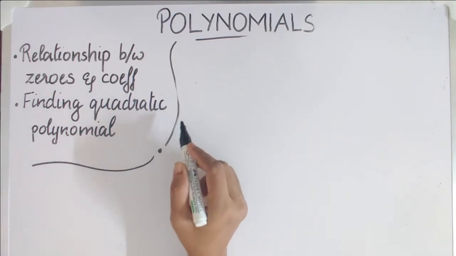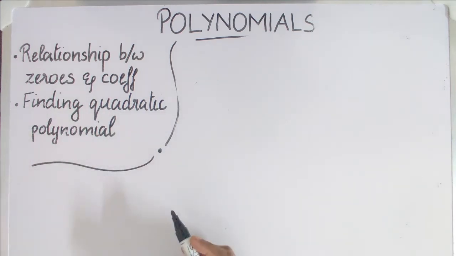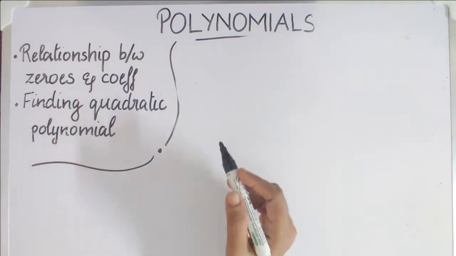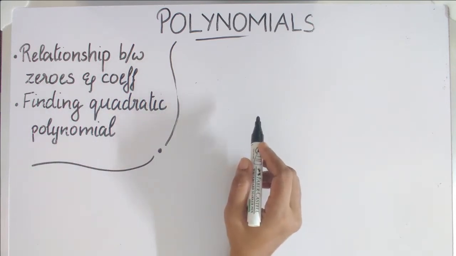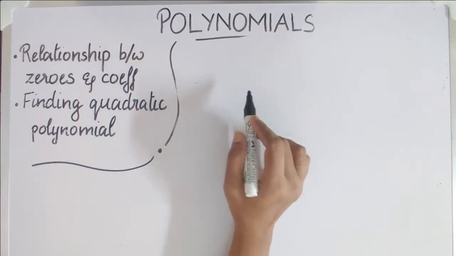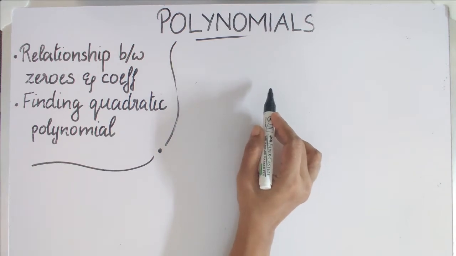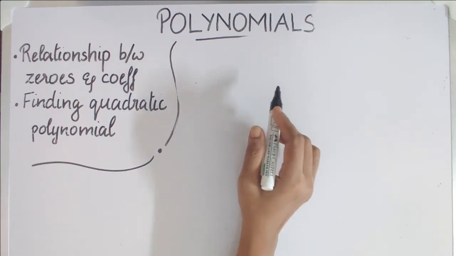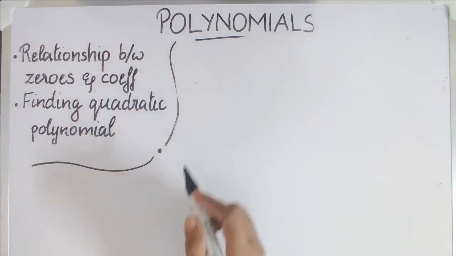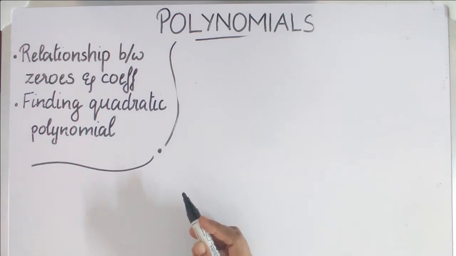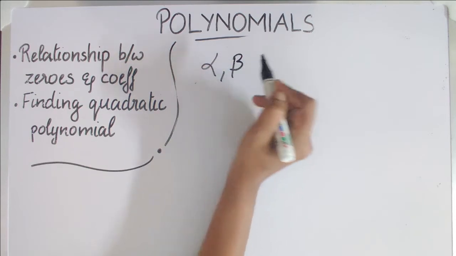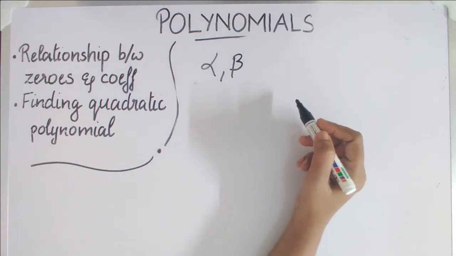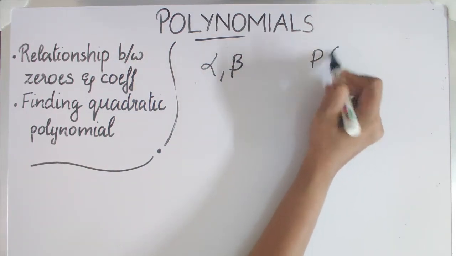The next topic is finding a quadratic polynomial. We know the sum of zeros and product of zeros. That is, the sum of zeros and product of zeros are given. Then we have to find out the quadratic polynomial. If alpha and beta are the zeros, we assume the polynomial p(x).